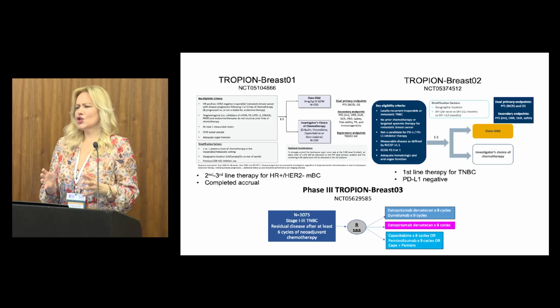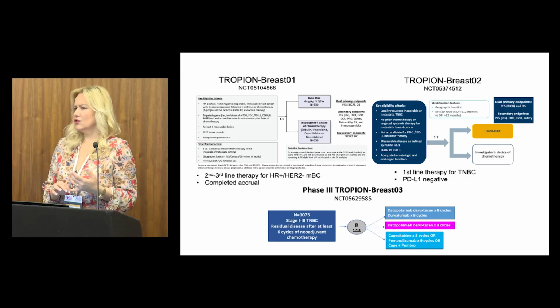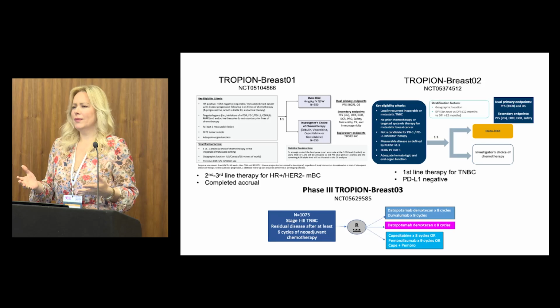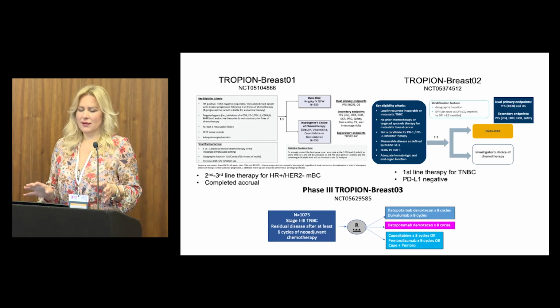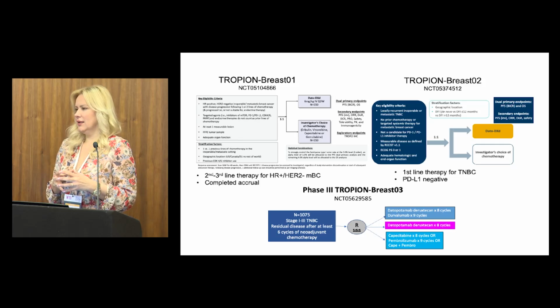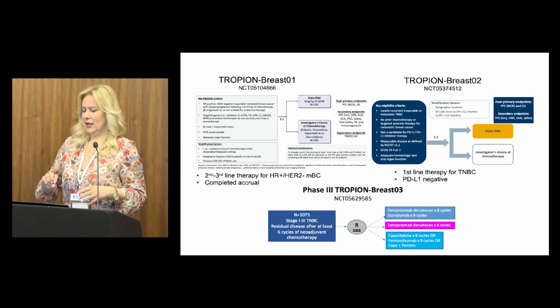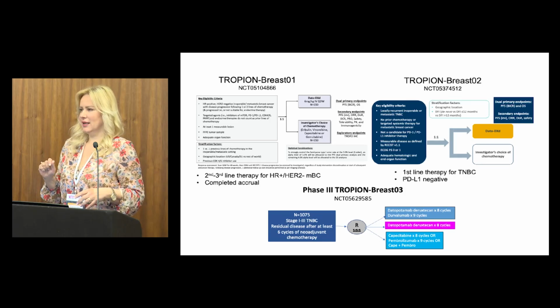And here is just to show that there are so many different combinations. Antibody-drug conjugates with immunotherapy, antibody-drug conjugates with PARP inhibitors. There are endless combinations, endless clinical trials. So the reason I'm saying that is when your treating clinician sees you in the clinic and discusses the gold standard line of treatment, always consider participating in a clinical trial.